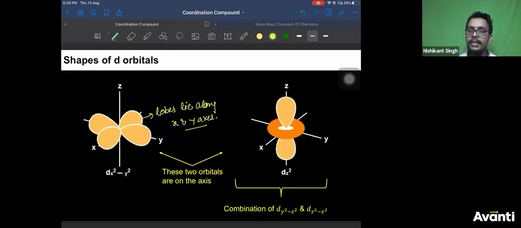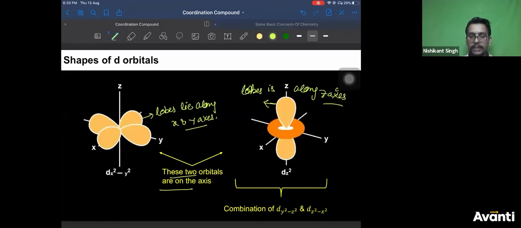Electron density is either along the x-axis or along the y-axis. And in the dz square orbital, all the electron density is oriented along the z-axis. So lobes or electron density is along the z-axis. This is very important. Okay? Keep this in mind. Lobes are along the axis.